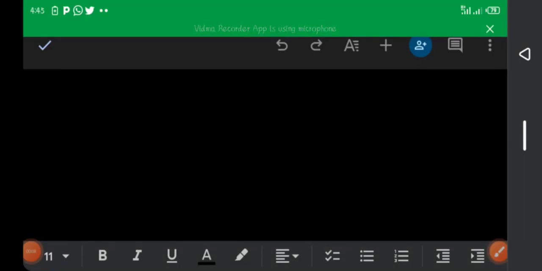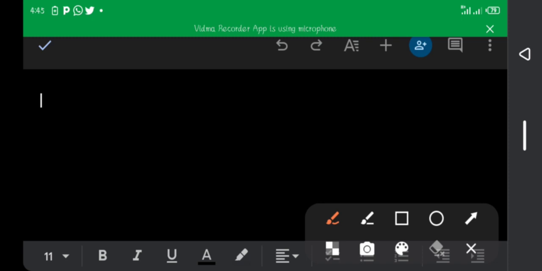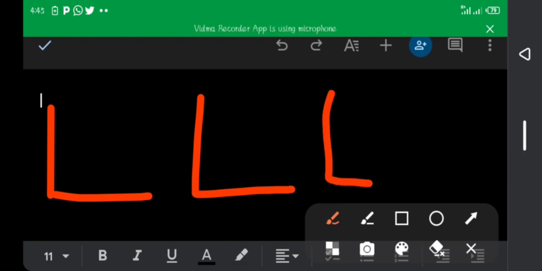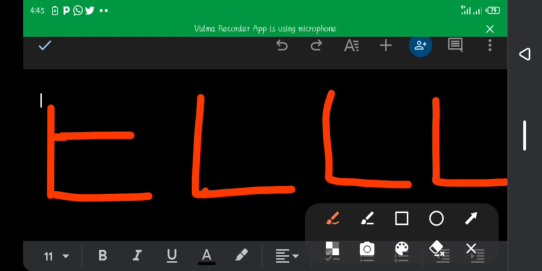So now let's go to velocity time graph. For velocity time graph, let's draw all the graphs. So we start with this, this, this.